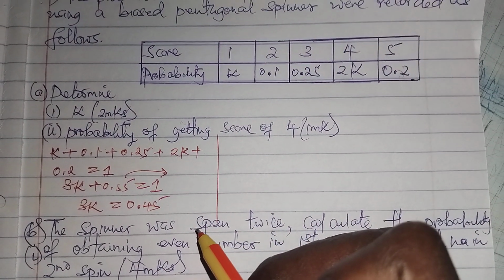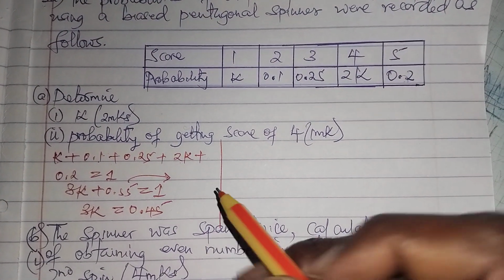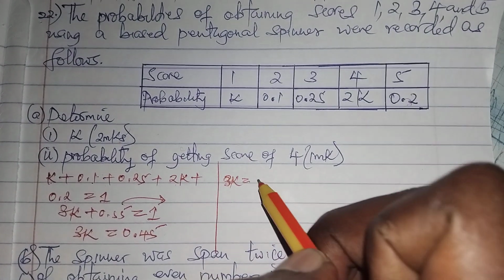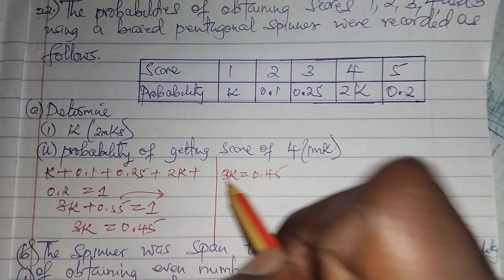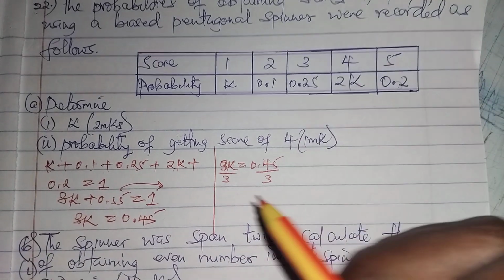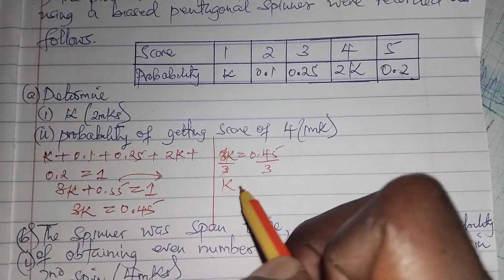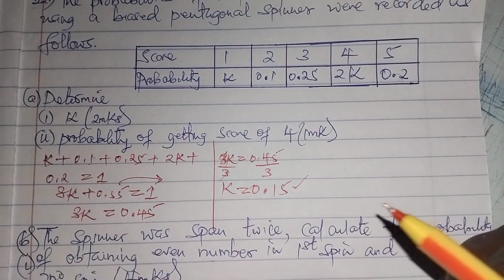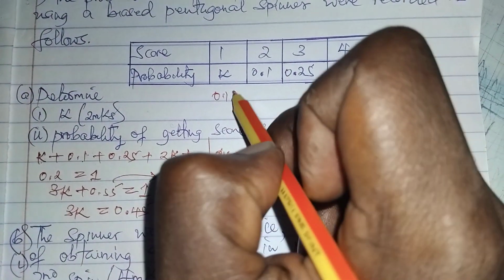Now you'll have 3K is equals to 0.45. Divide by 3 both sides. So your K will be 0.15.